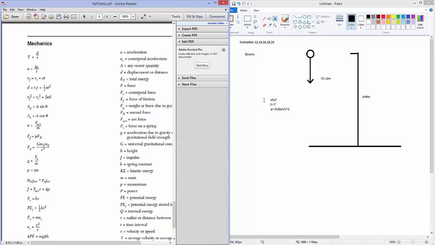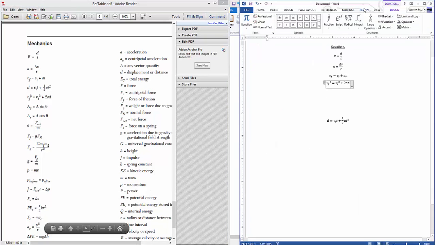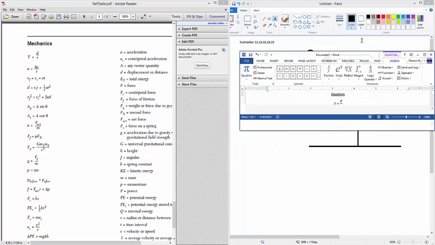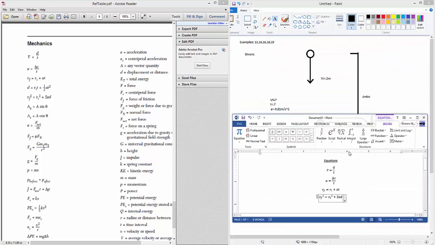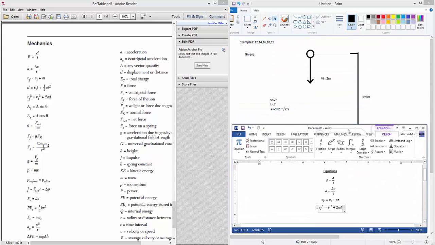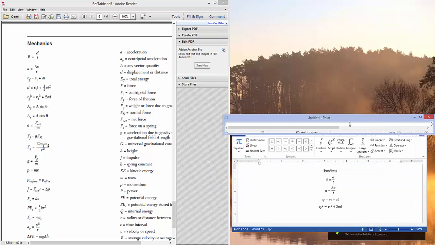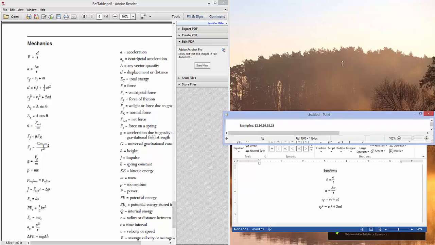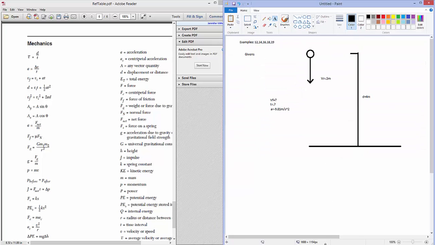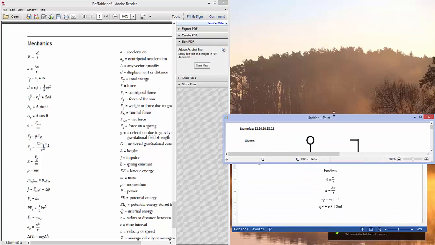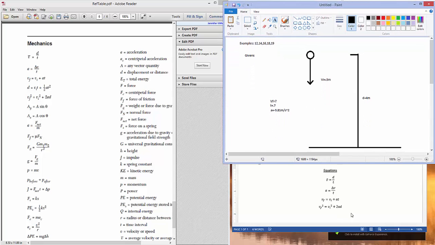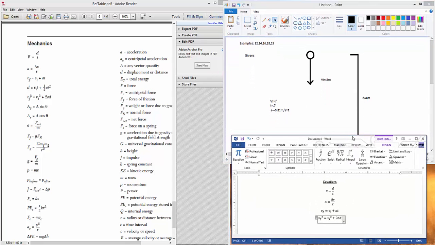So VI, VF, T, and A, right? Well, right over here, the third one down, VF is equal to VI plus AT. It's kind of tough doing this because Paint is terrible when it comes to typing equations, so I'm going to use a mixture of both Word and Paint so that you can see things a little better.